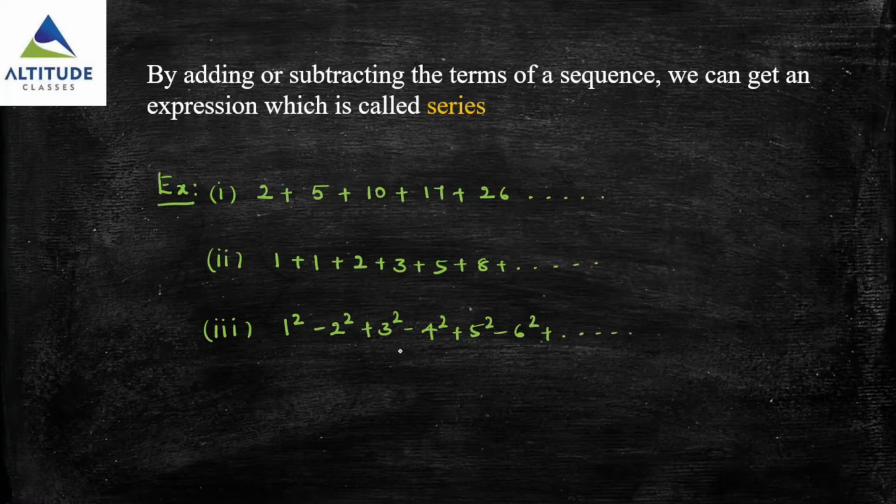See, we are adding and we are subtracting. So this is one type of series. Series is nothing but adding or subtracting terms of a sequence, which will give you an expression. Such type of expression is called a series. So now we understood what is sequence and what is series.